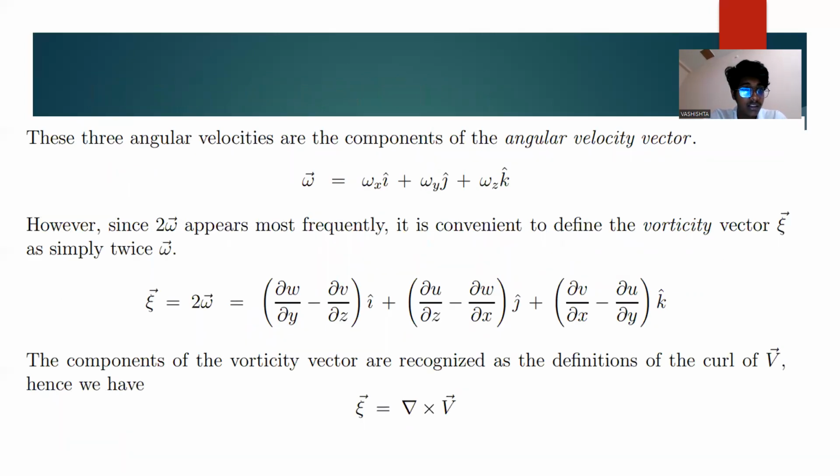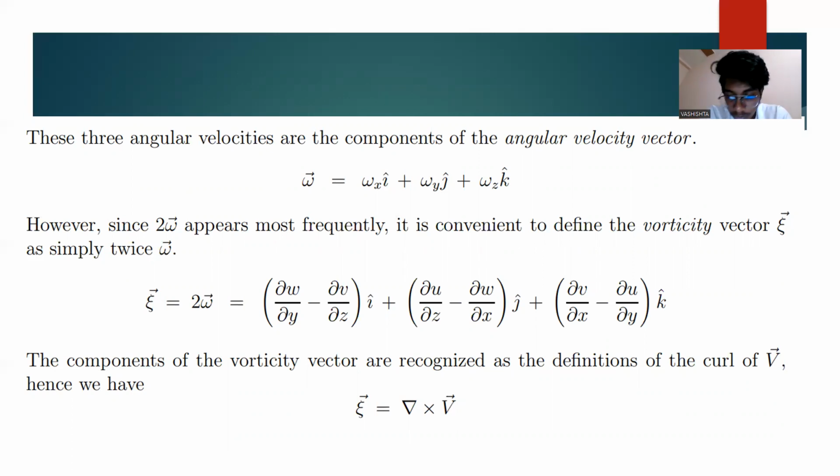We can see here these three angular velocities are the components of the angular velocity vector, where ω is equal to ωx i plus ωy j plus ωz k. However, since 2ω appears most frequently, it is convenient to define the vorticity vector as simply twice the angular velocity vector.